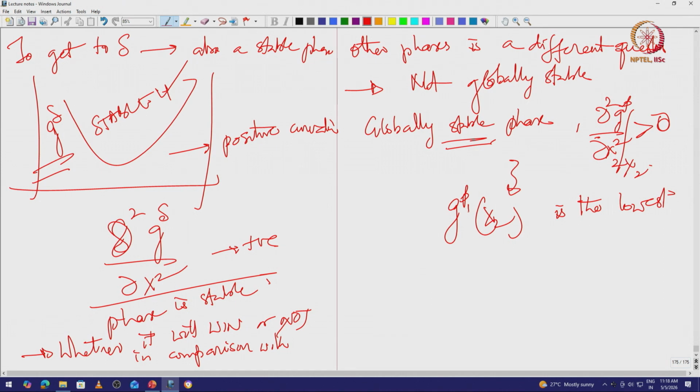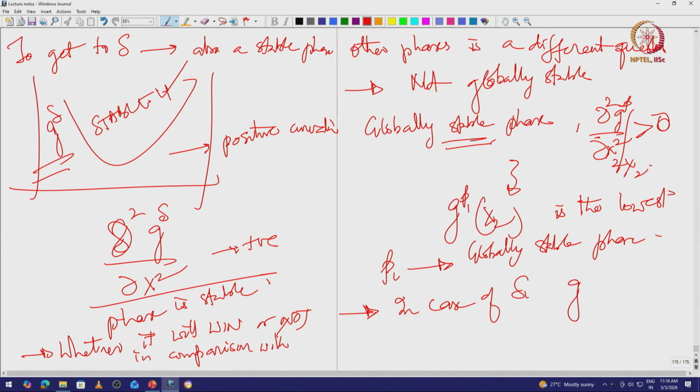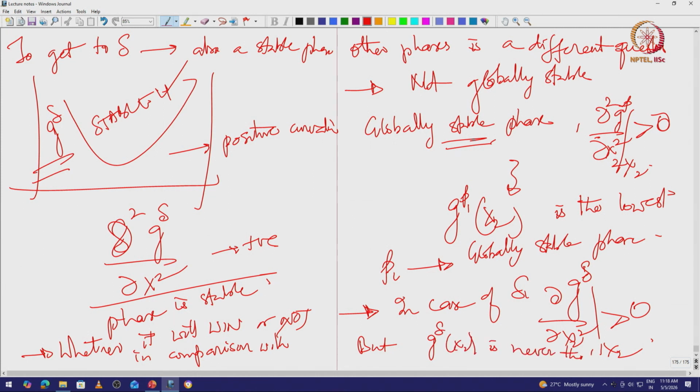So, GP1, GP2, so GP1 is the lowest, then P1 is called the globally stable phase, right. So, here one constraint is satisfied in case of delta, dou g delta by dou x 2 square is greater than 0 at whatever x 2 I take, but g delta x 2 is never the lowest, always something else wins, right.